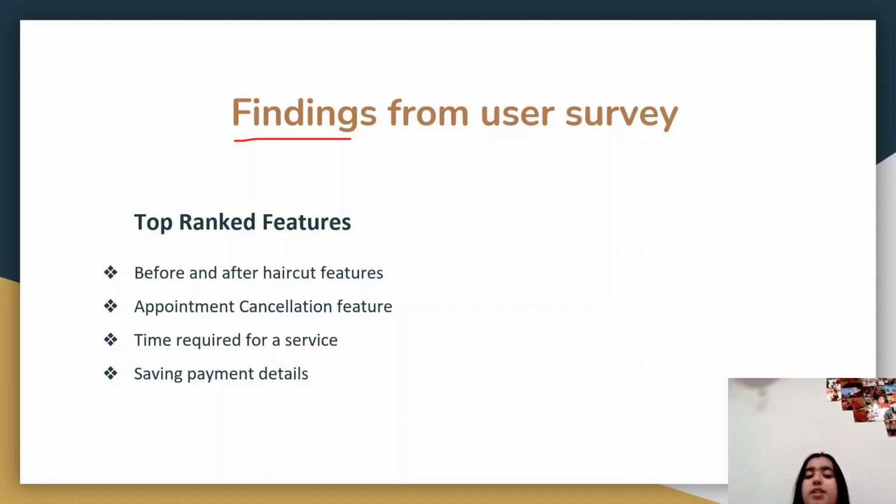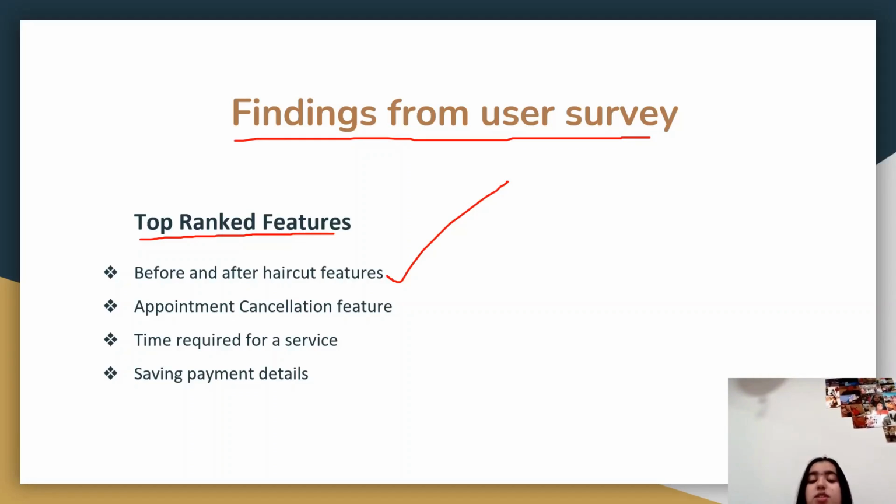Next are the findings from the user survey that we did. The top ranked feature was the before and after haircut feature, because in this feature we have segregated the men and women sections. We provided different sorts of pictures so that the customer can select.